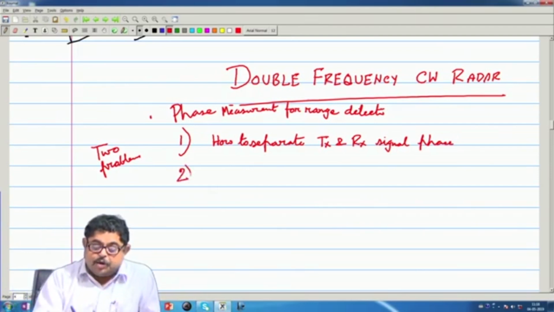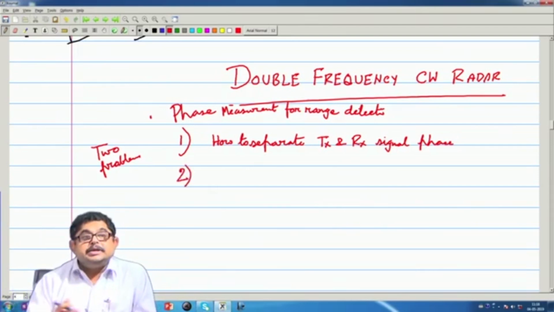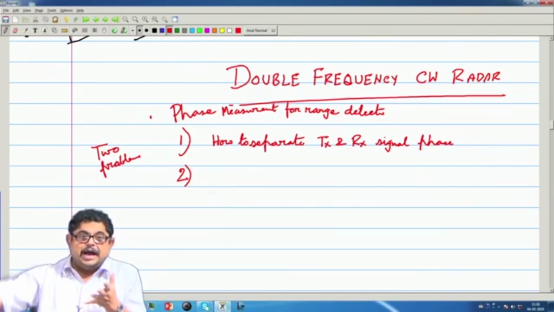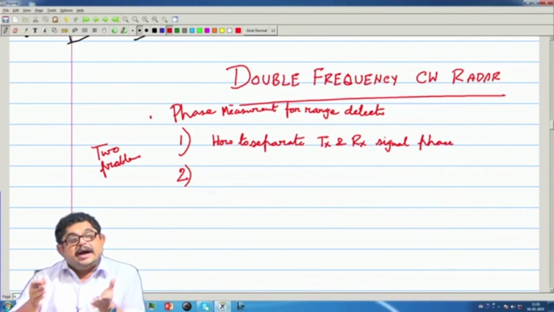But there is another problem, that phase measurement now has an ambiguity, because you know that phase is a periodic function, time is not a periodic function. So, I can measure any time, but for phase, after 2 pi, if I measure 3 pi, that is basically 1 pi, and all the values repeat.